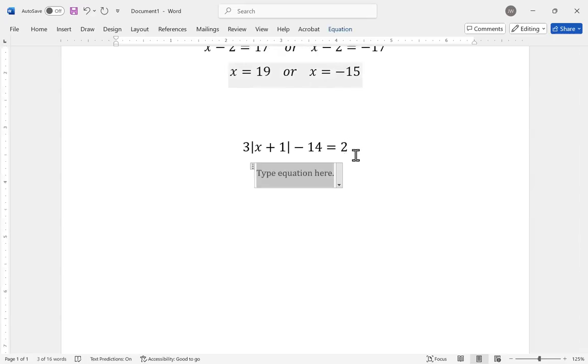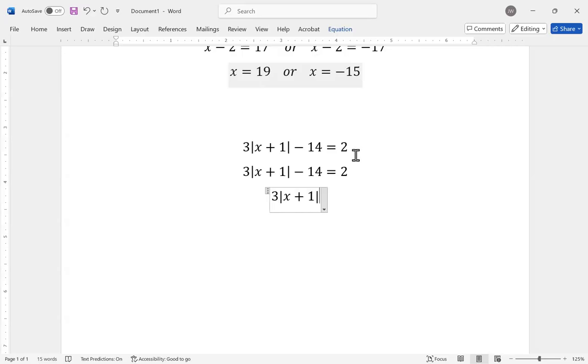Let's take a look at this example. Here we have 3 times the absolute value of quantity x plus 1, minus 14, is equal to 2. I start out wanting to isolate that absolute value. In this case, I would add 14 to both sides.